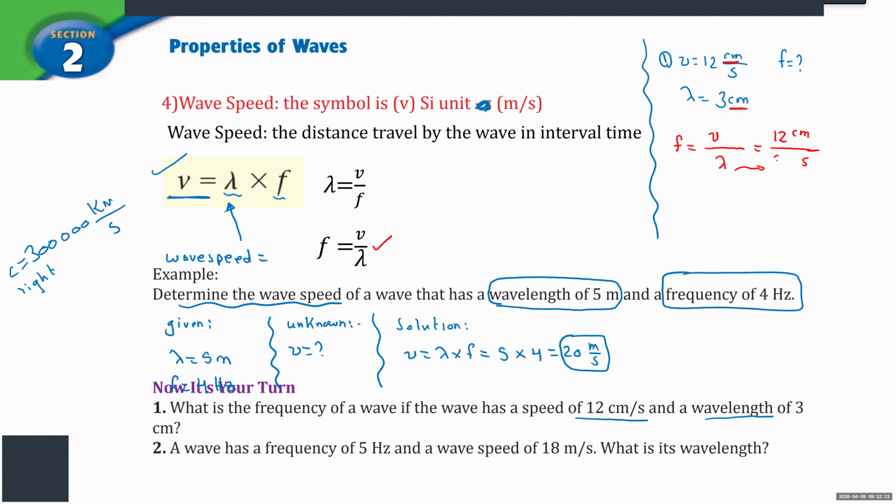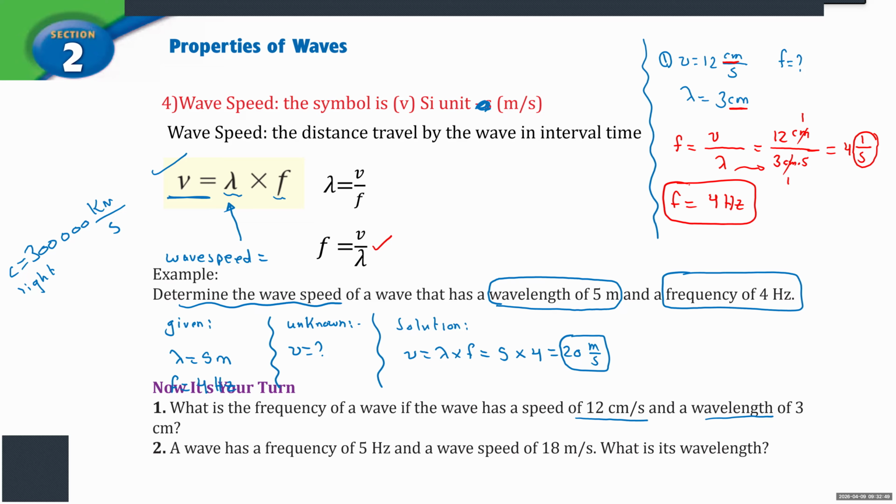Equal to 3 centimeter. Centimeter cancel with centimeter. 12 divided by 3 equal to 4. 4, 1 over second, which is equal to hertz. So this is equal to 4 hertz. This is for question 1.